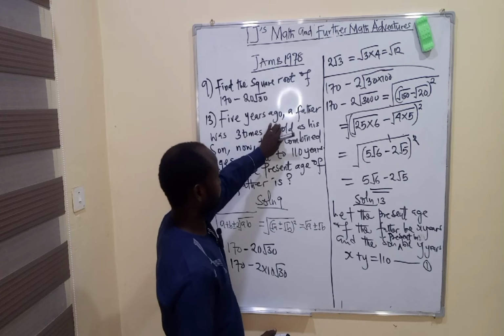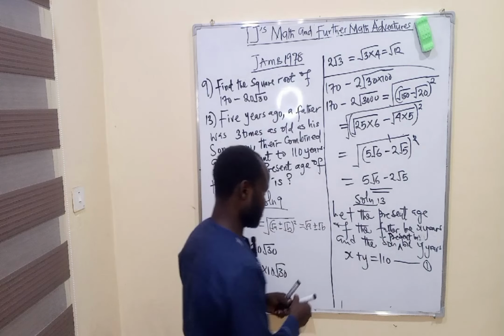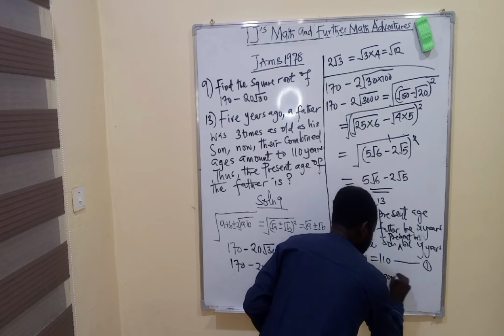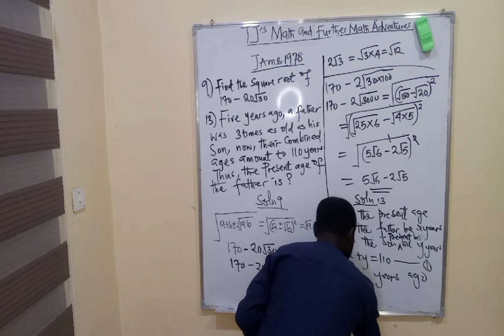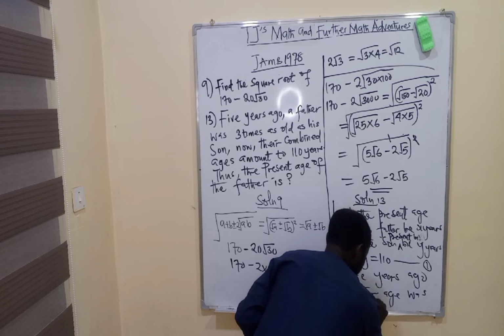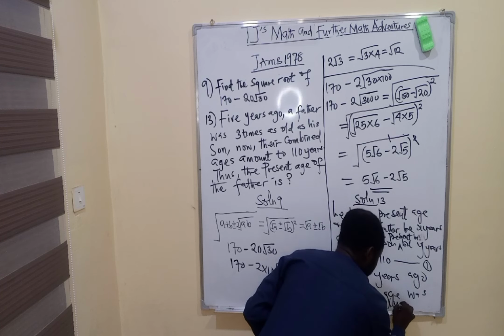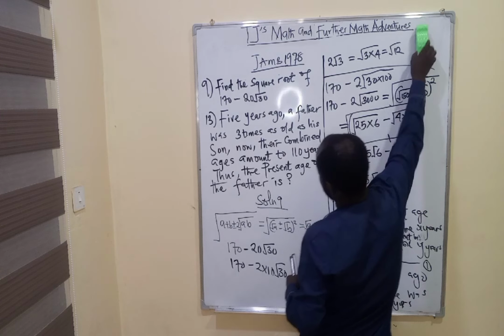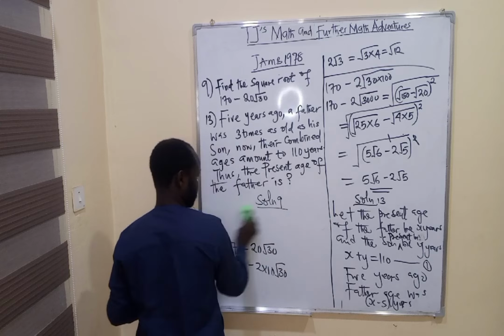5 years ago, what will be the father's age? The father's age 5 years ago will be X minus 5 years. That's the father's age 5 years ago.